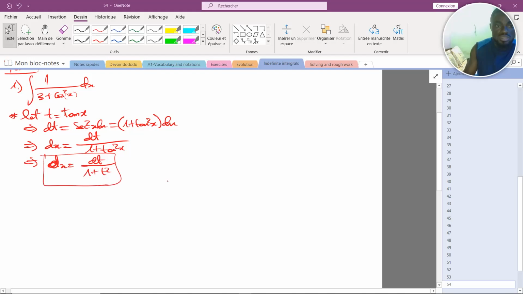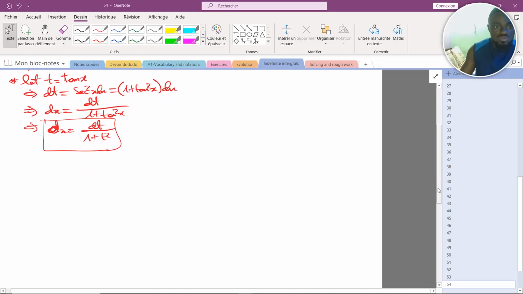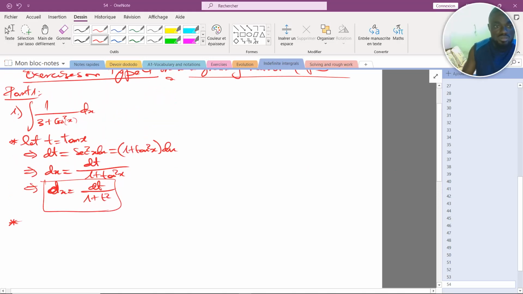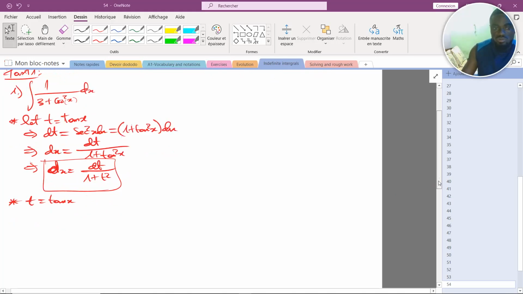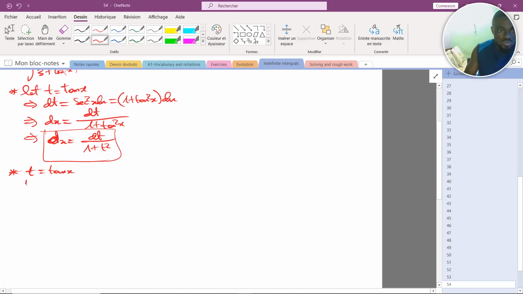That's already our dx. The next thing we have to do is bring out this triangle, because I know that t equals tan x. From that triangle, I will deduce the values of cos x and sin x. So let me draw my right angle triangle. My angle is x.